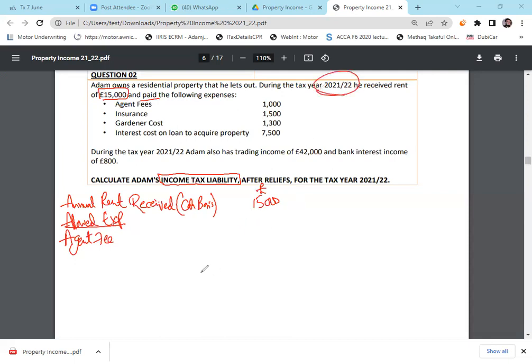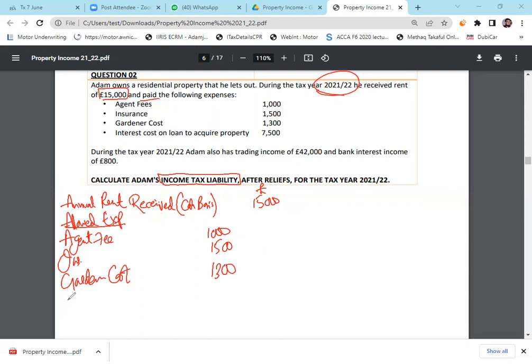So should I allow it or no? How much? 1,000. Next is insurance. Same conditions satisfied, allowed. Gardener cost, definitely gardener is also a revenue expense. It's like repairing.